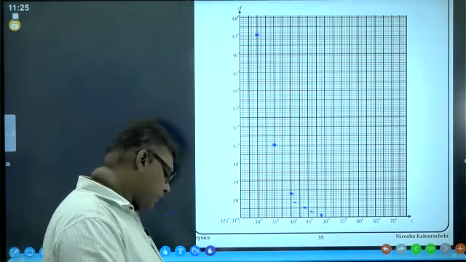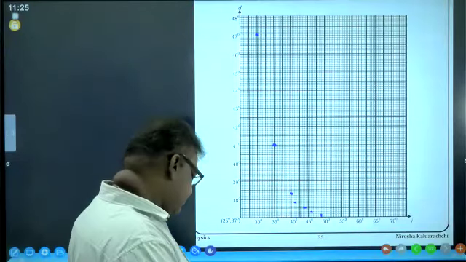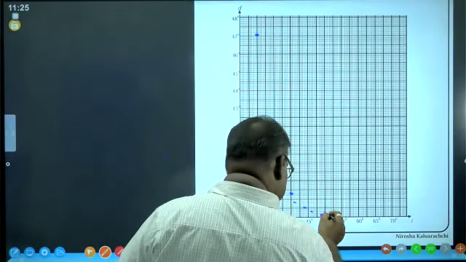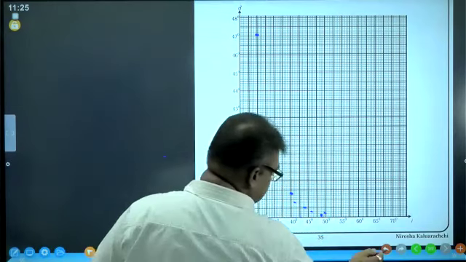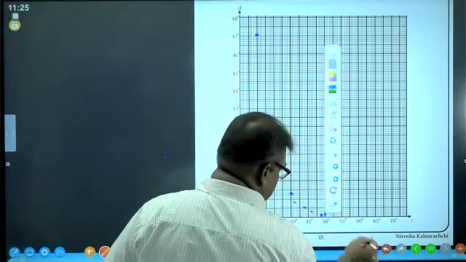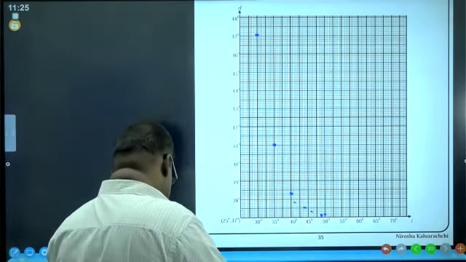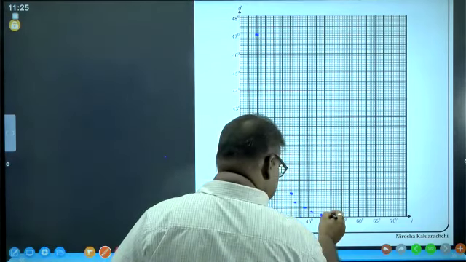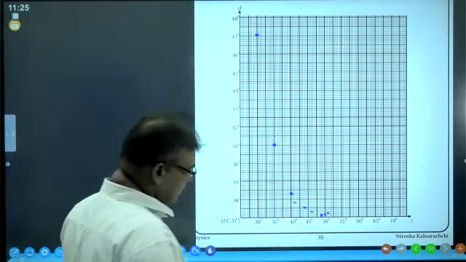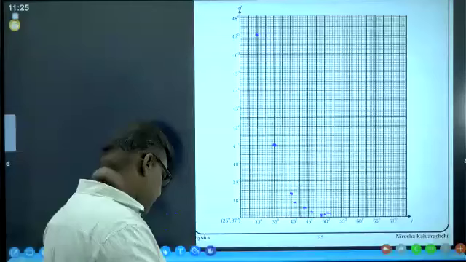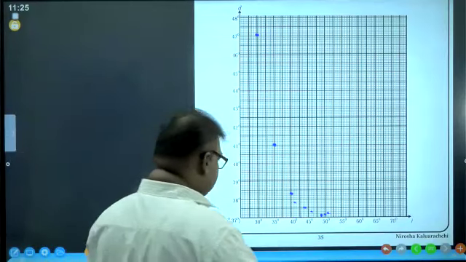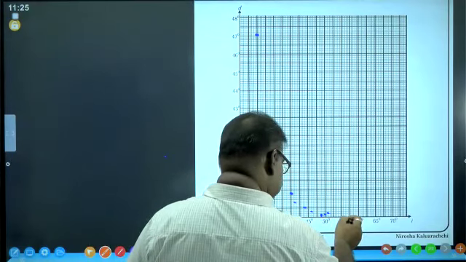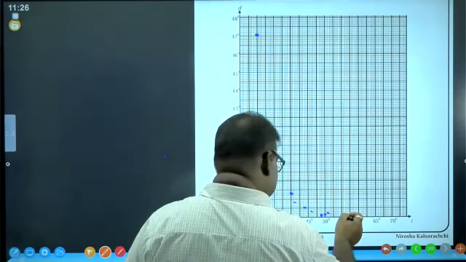Next. 50 degrees, 37 30, 37 13. 50 degrees, 37 30. 52, 37 20. 57, 38 6. 57, 38 6.